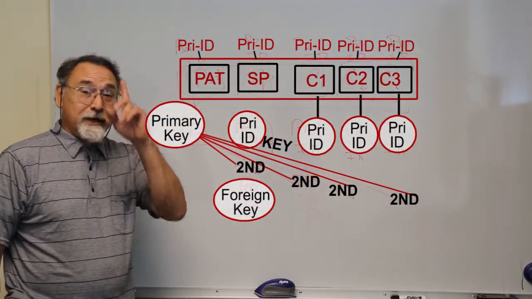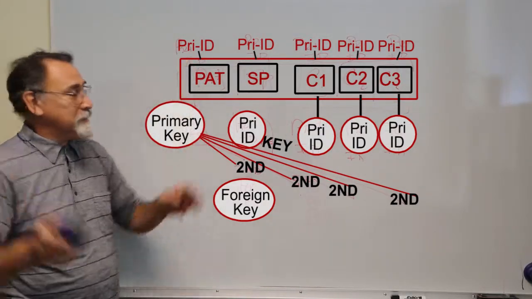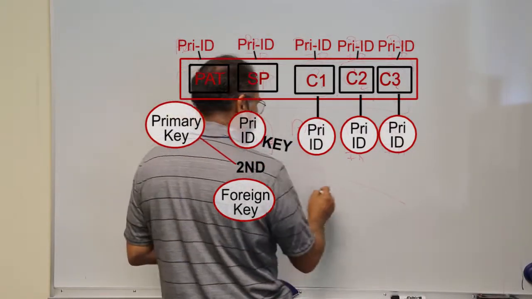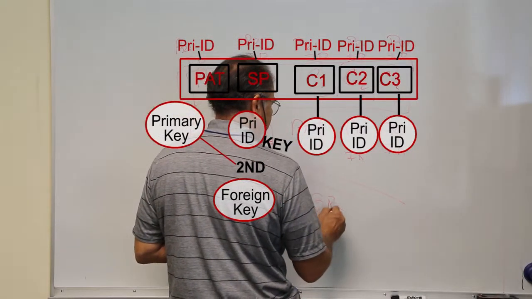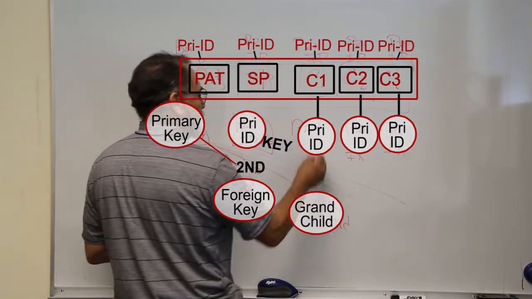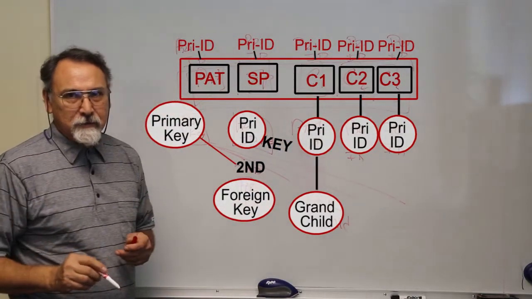All right? Now it gets even more interesting. Let's say, for whatever reason, one of these now has a grandchild. Okay? Now the grandchild would be subordinate to the parent of that child.